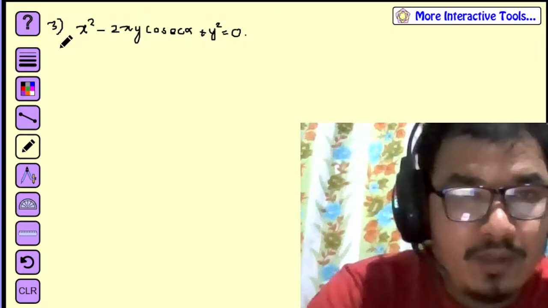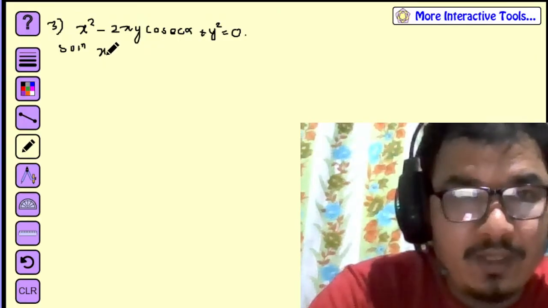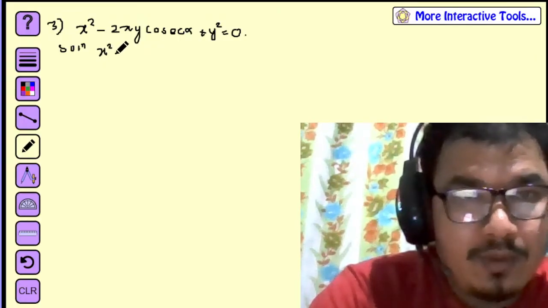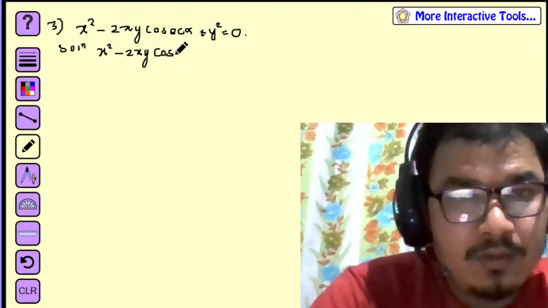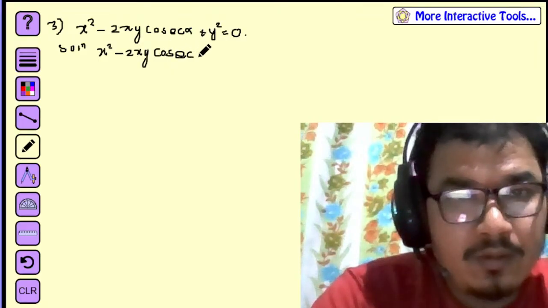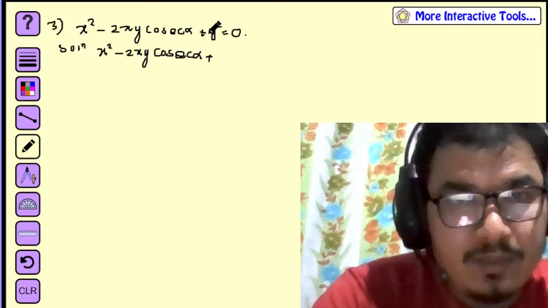Look here, I want to show you. Solution: for the separate equations, first of all I write x square minus 2xy cosec alpha plus, and here the coefficient is 1.